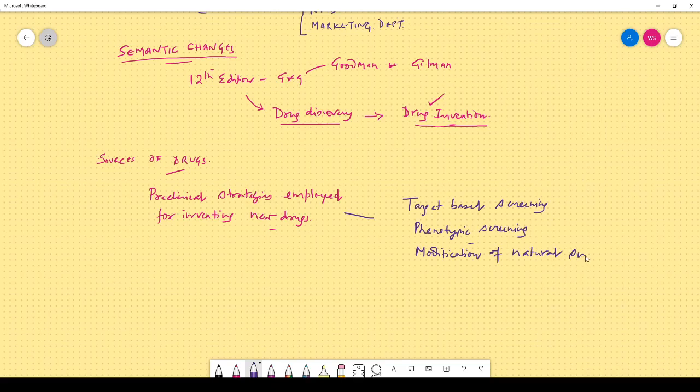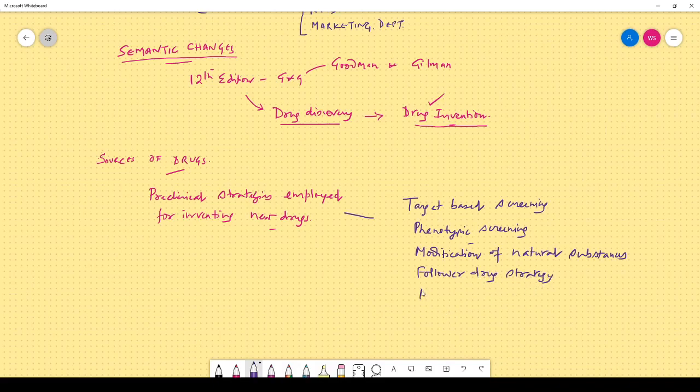Natural substances. Then there is a follower drug strategy.